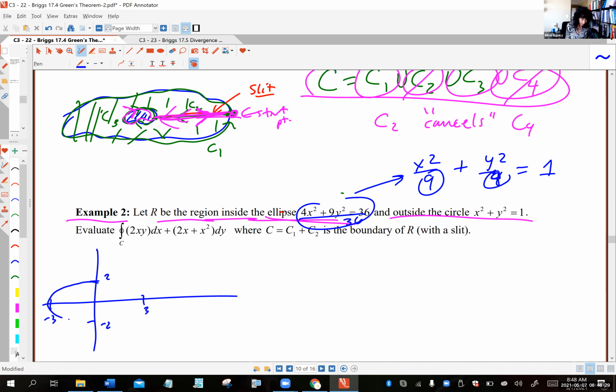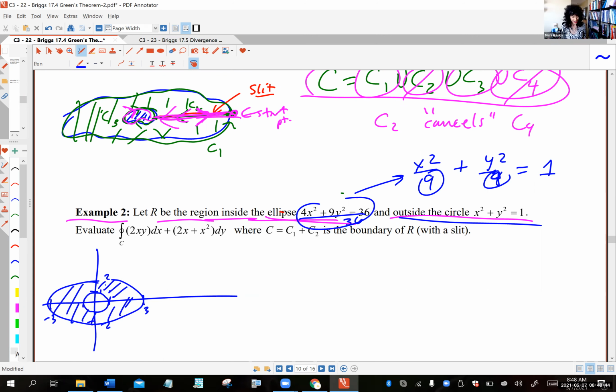So there's our ellipse. But it's outside of this circle, and this circle is a unit circle centered at the origin like this. So the region has a big old hole in it.